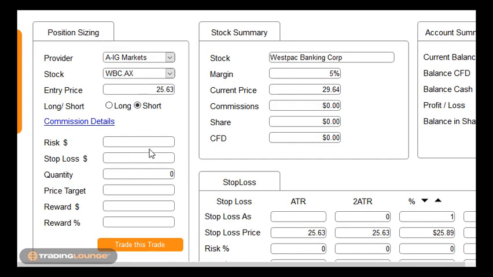We want to put the stop at, we'll risk $250, so an account of 25,000. The stop loss, the high was 26, so we don't want to put it at 26. If you put stops on whole numbers, then you're going to be stopped out a lot.